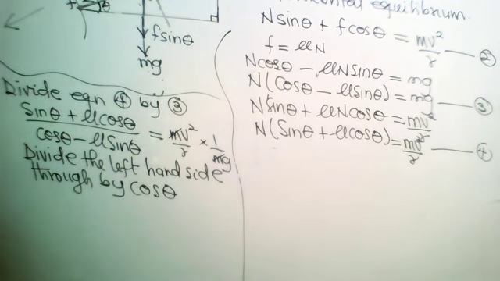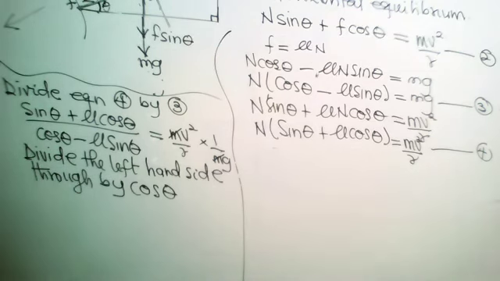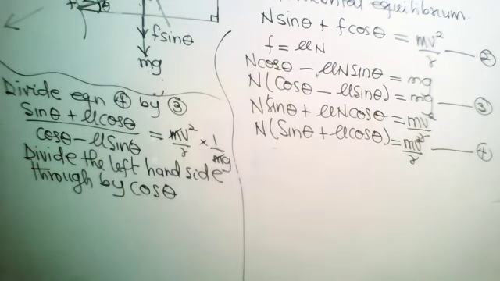So on the left-hand side of the equation, we are going to divide both the numerator and denominator by cos theta. Dividing through both the numerator and denominator implies as if we haven't done anything to the left-hand side of the equation. Please, are we okay?